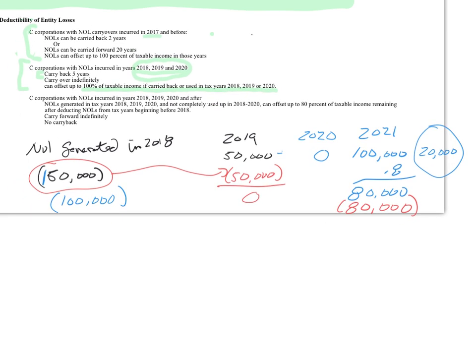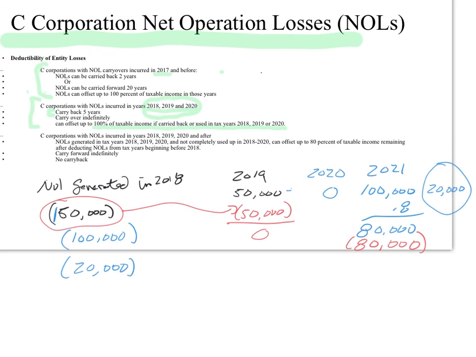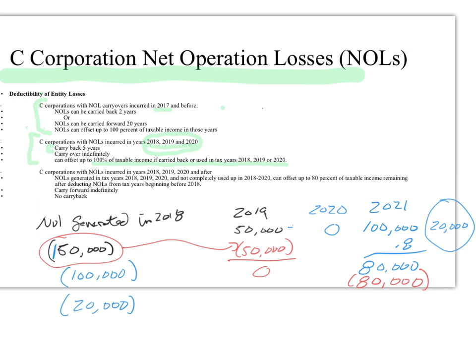And then also, you're still going to have $20,000 of a net operating loss to carry forward past 2021. Okay, so that is the meaning behind all of that somewhat convoluted verbiage.